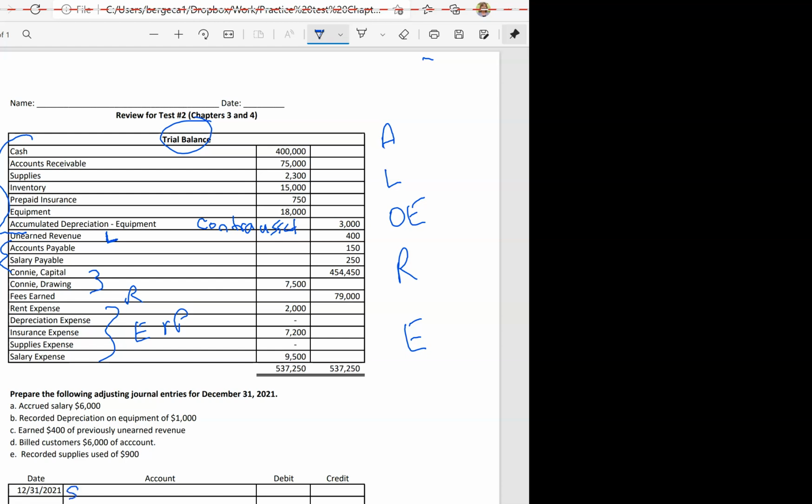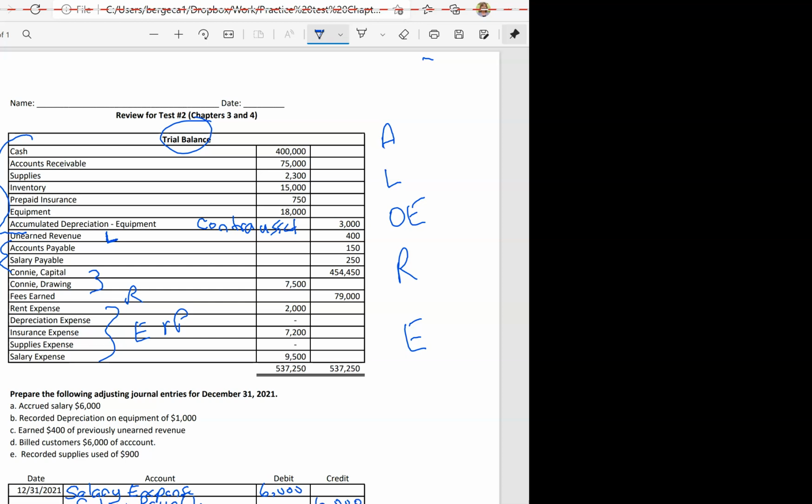So we need to debit salary expense to make our expense go up because they've done the work. And then we need to credit salary payable because accrual means that we haven't paid them yet. So instead of giving them cash, we're going to say we owe you. So that's salary payable. And they tell us that that's $6,000. So we'll just debit expense and credit liability.